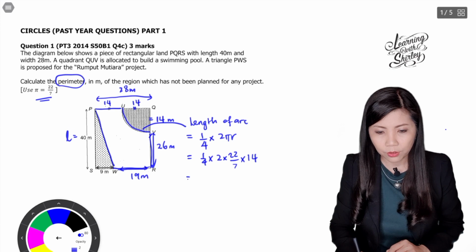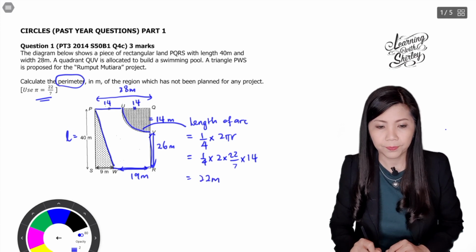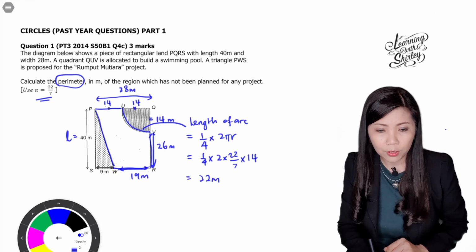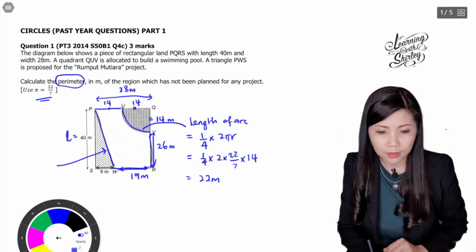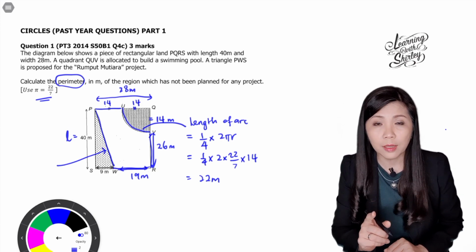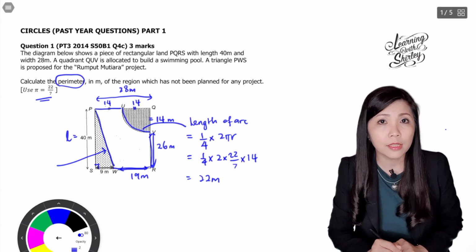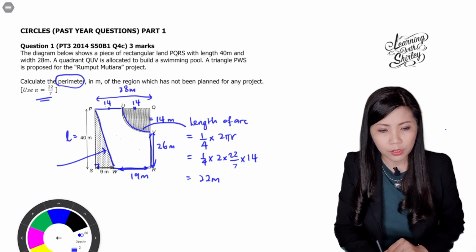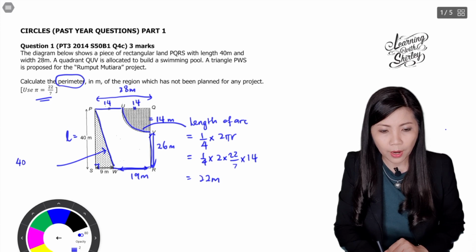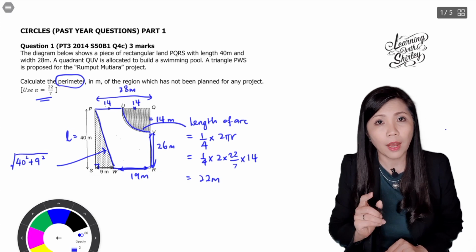So 22 meters. Then next I'm going to find what this length is. Because it's a right angle triangle, I'm going to use Pythagoras theorem. Pythagoras theorem states that 40 squared plus 9 squared, and then you square root it, you will get the length of hypotenuse.